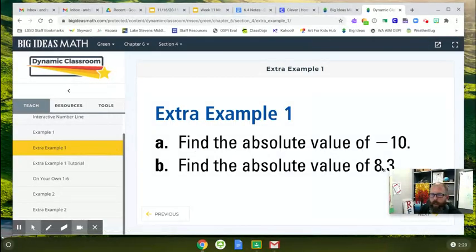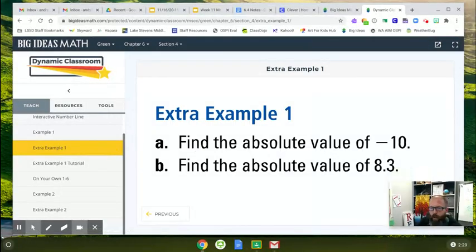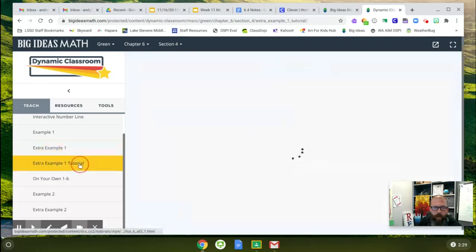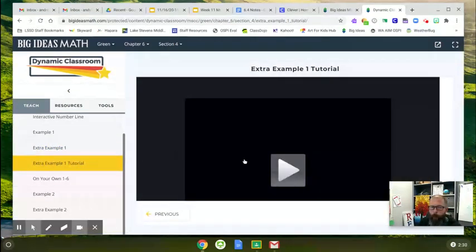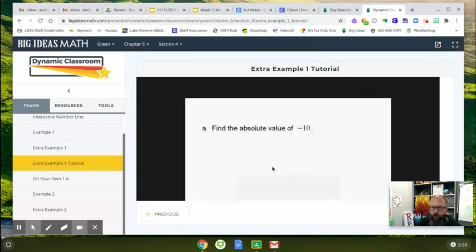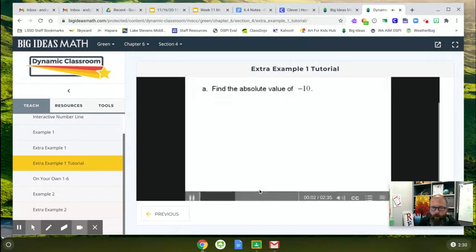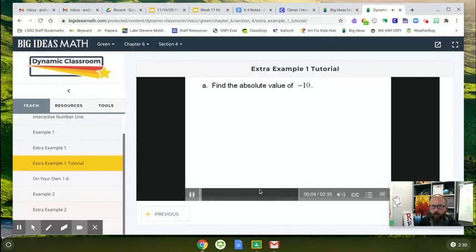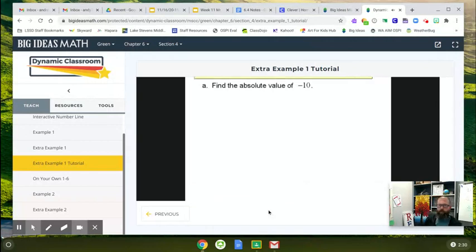Find the absolute value of negative 10 and 8.3. Let's take a look and see how they do it. Part A. Find the absolute value of negative 10. Remember, the absolute value of a number is the distance between the number and 0 on a number line.